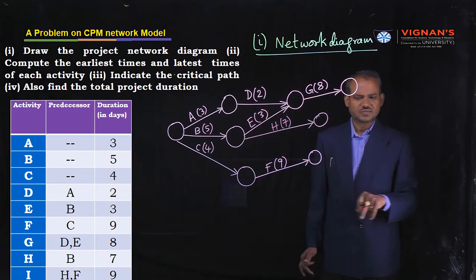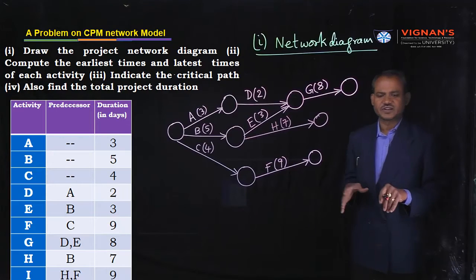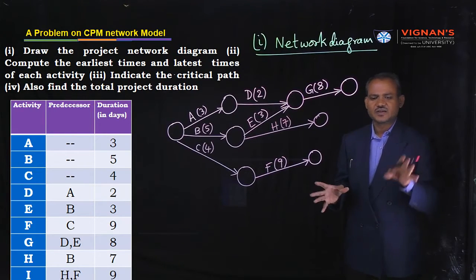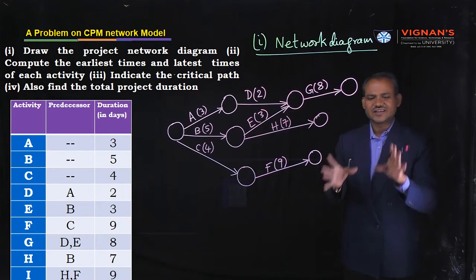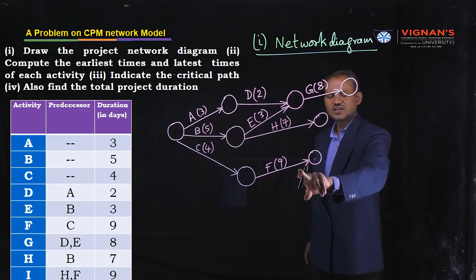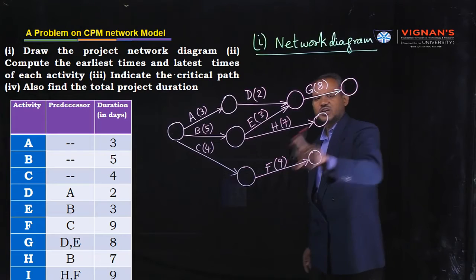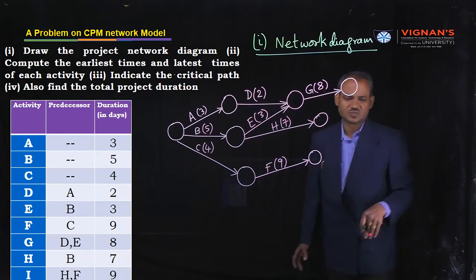Next, the last activity, that means I activity. Consider the last activity, I activity. I activity can be started only after immediate completion of H and F. Where is H? This is H. Where is F? This is F. So we have to join these two arrows to any one node.